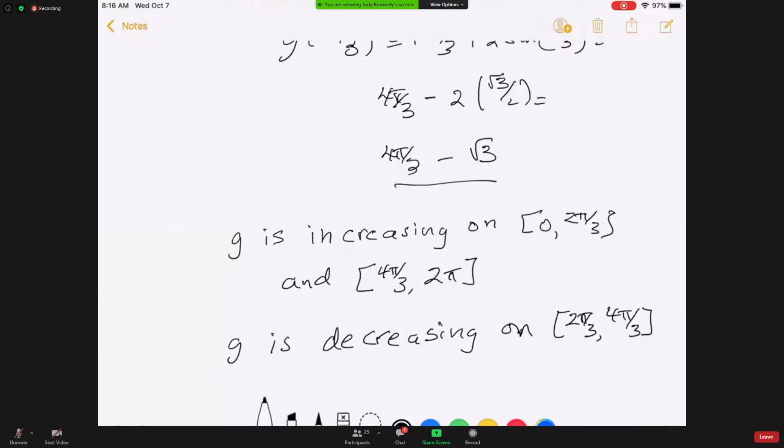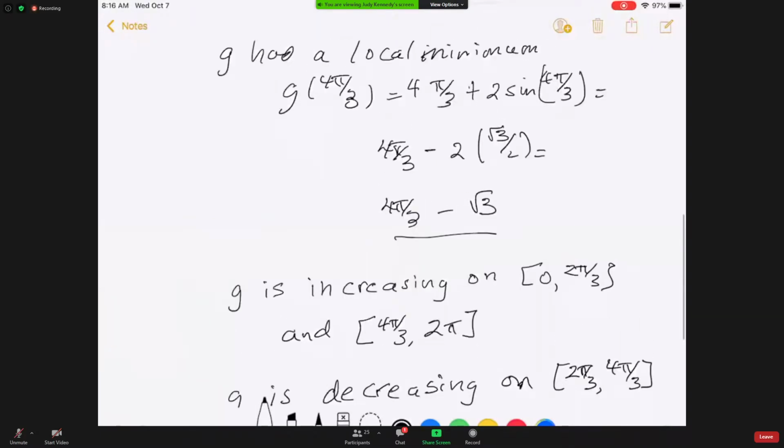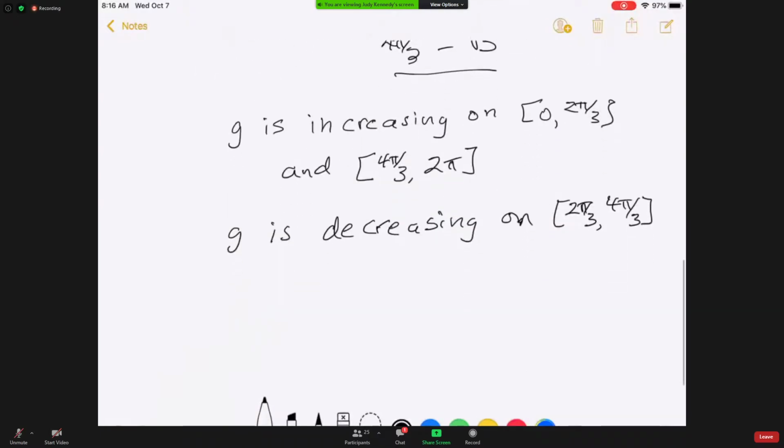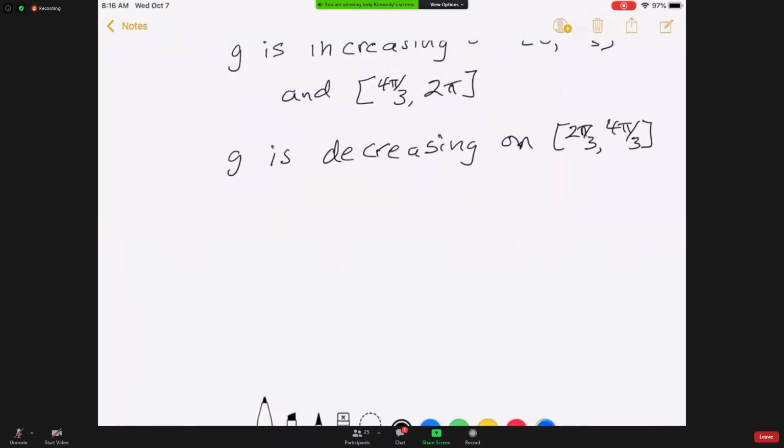And let's get a rough sketch from just this information. This tells us a lot about what our function is going to look like.